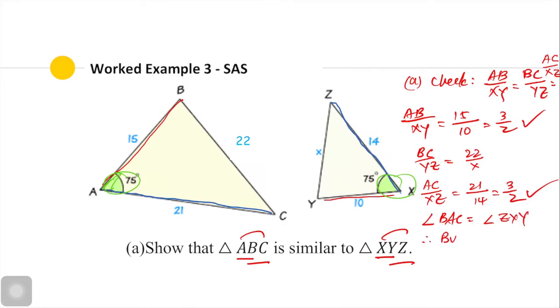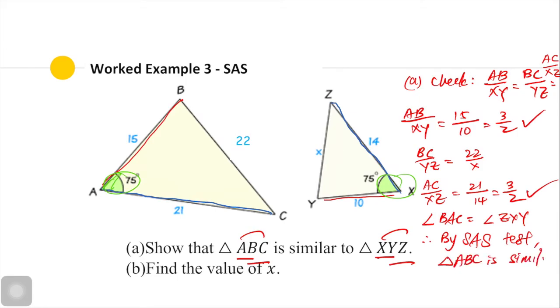Therefore, since we know that the side angle side test is confirmed, triangle ABC is similar to triangle XYZ. So it doesn't mean that every time we need to check all three sides, the ratio must be the same. You can always check the two sides and the angle between the two sides.